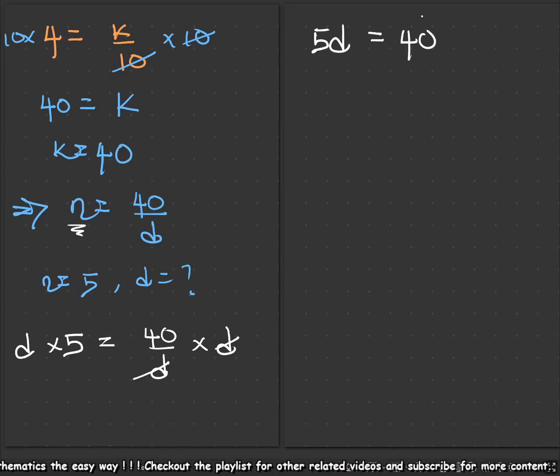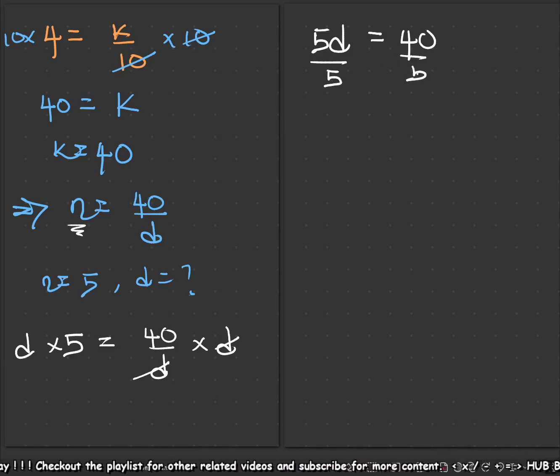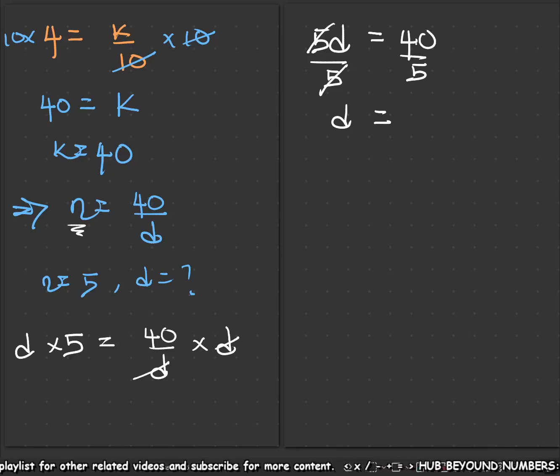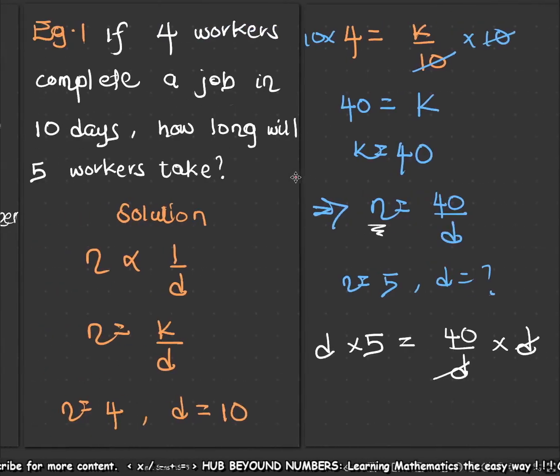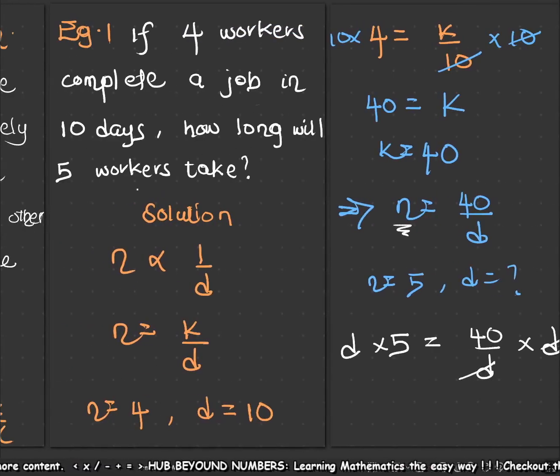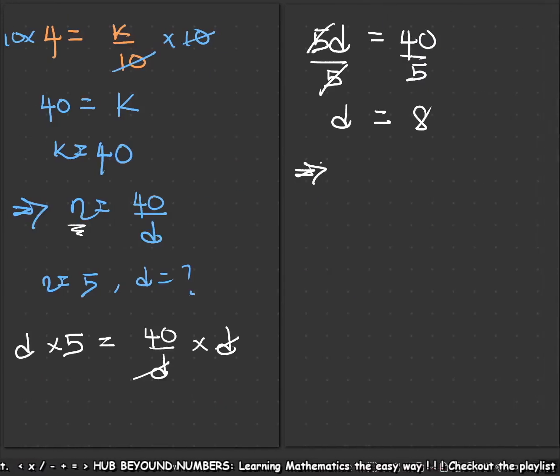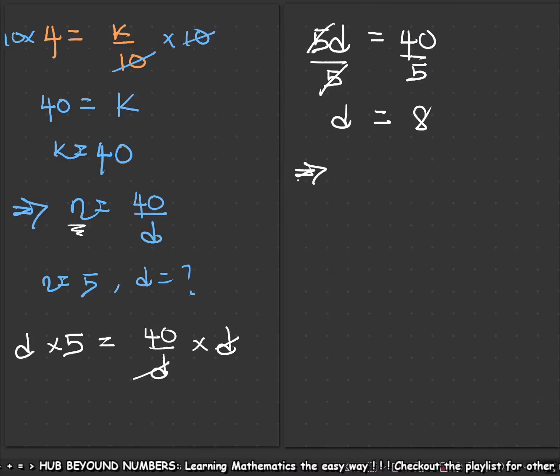You still don't have your d, so you divide both sides by 5. This cancels this, and d is simply equal to 40 over 5, which gives us 8. Looking at the question, it says, how long would 5 workers take? So 5 workers are going to take 8 days.